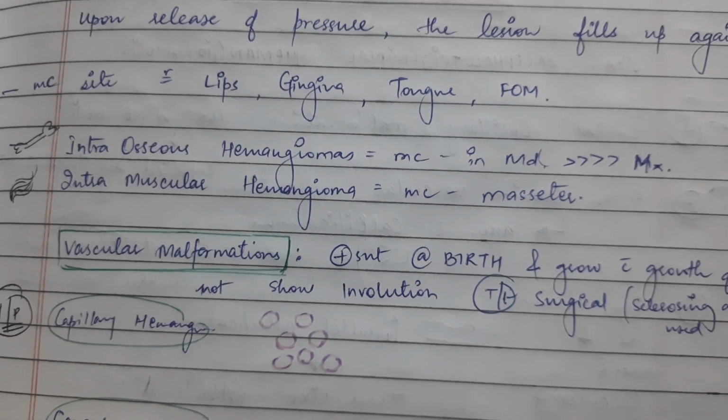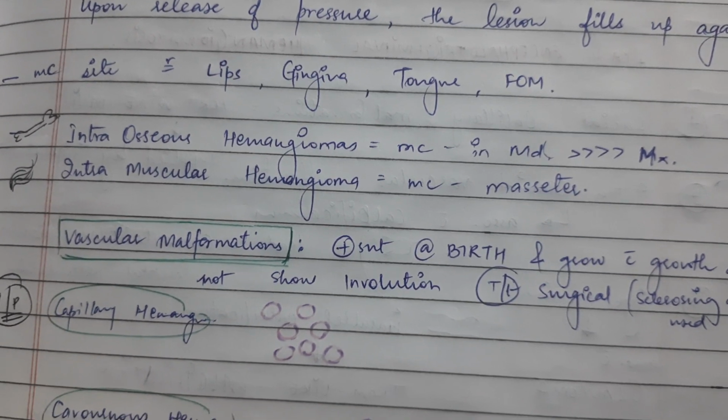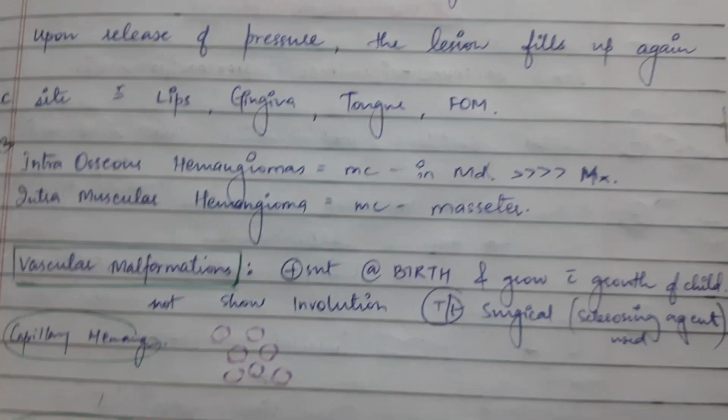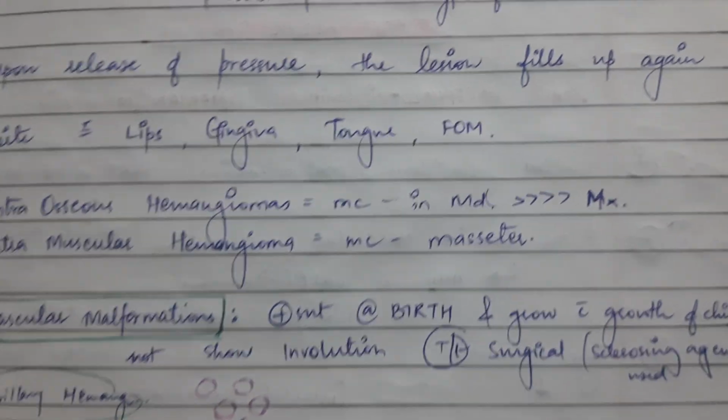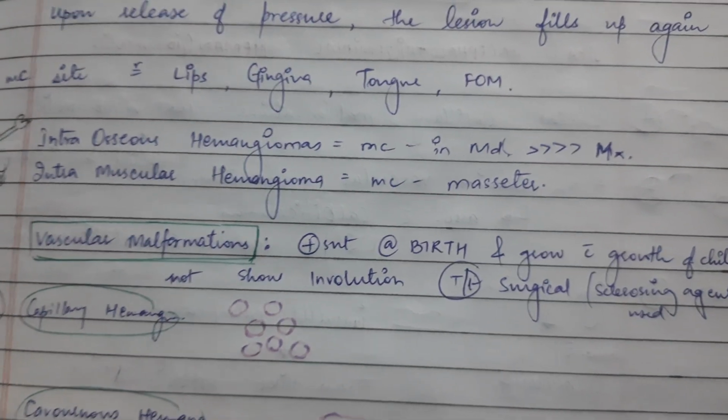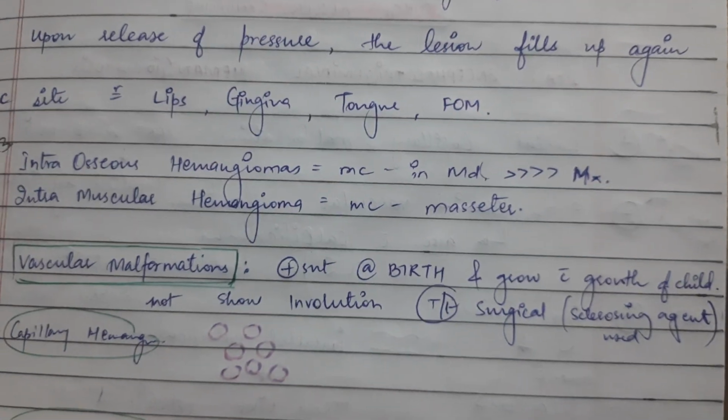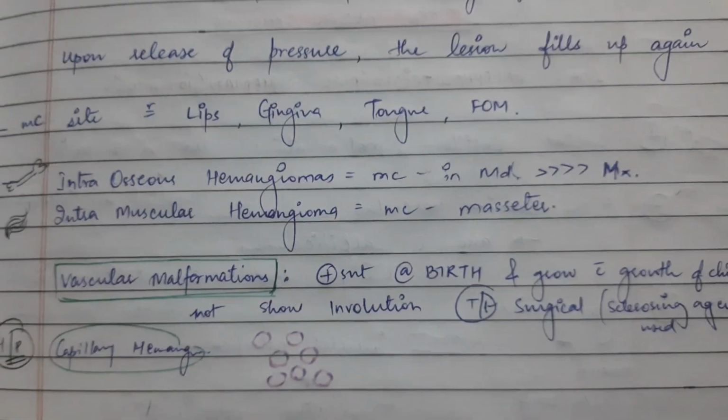Then vascular malformations are present at birth and grow with the growth of the child, and do not show involution. Treatment: surgical, sclerosing agent used.